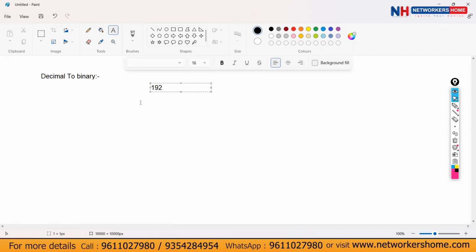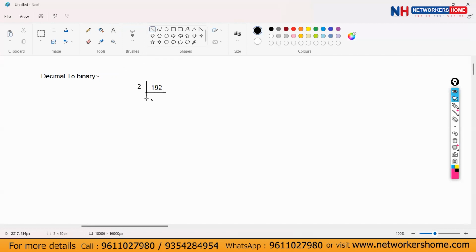192. Okay. 192 is the number. Divide 192 by 2. What do you get? 96. Write 96 here. What is the remainder? 0. Again divide by 2. 96 divided by 2 is 48. Correct.